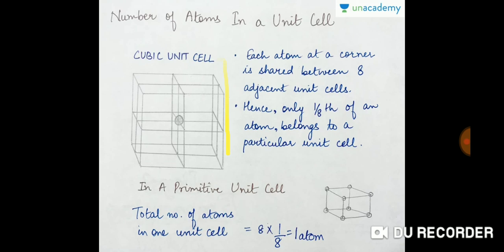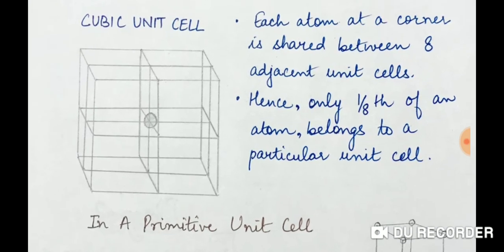Now in order to count the number of atoms for a particular unit cell, we mean what volume of a particular atom is included in a unit cell. For example, this is a crystal lattice, right? This whole is a crystal lattice because it is formed from a number of unit cells.